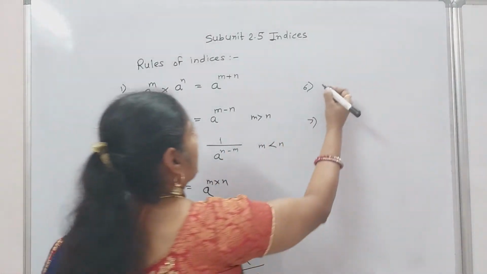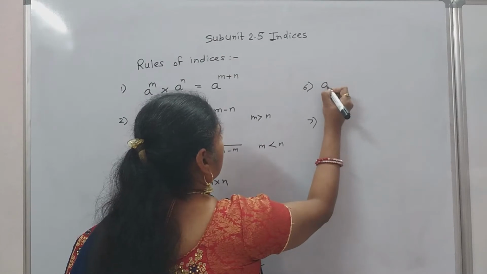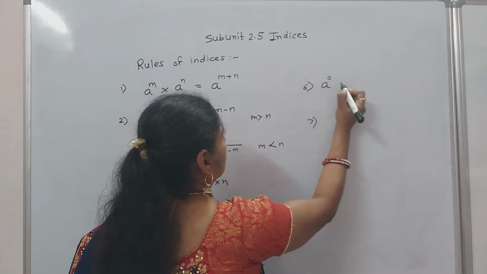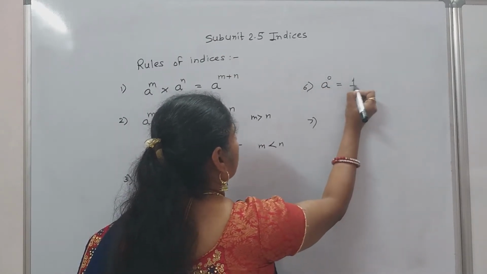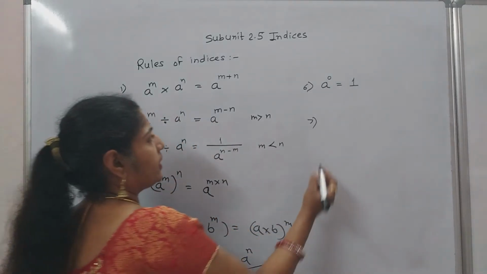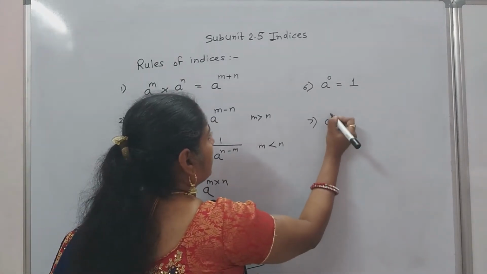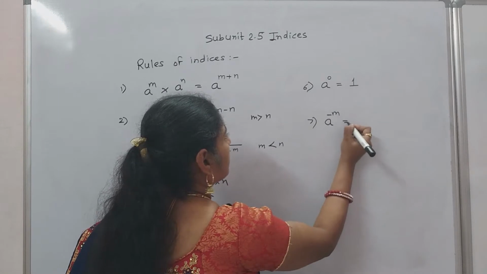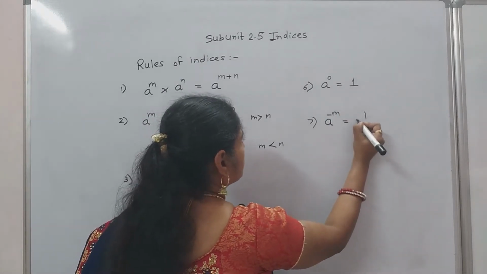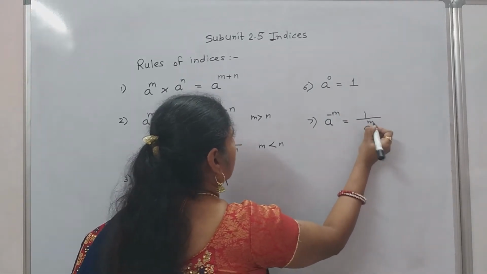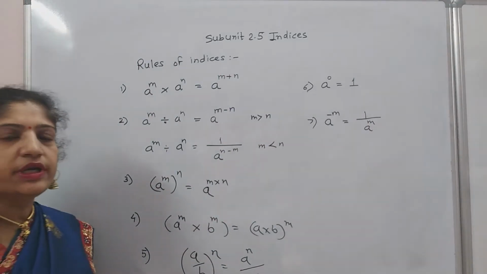Next, if any number has the power 0, then the value is 1. A raised to 0 equals 1. When the index is a negative number, then we make it positive: 1 upon a raised to m. These are the rules of the indices.